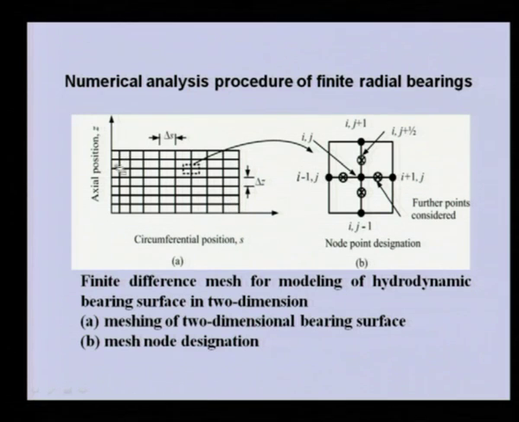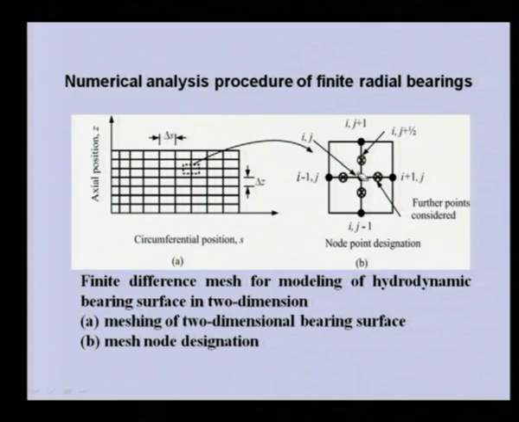So in the finite difference method, we need to make a grid, and we will be seeking the solution at these nodes. So basically, you can see if we take one particular node, this is that particular ij node, and the neighboring nodes are i, j plus 1, i, j minus 1, i plus 1, j, and i minus 1, j.